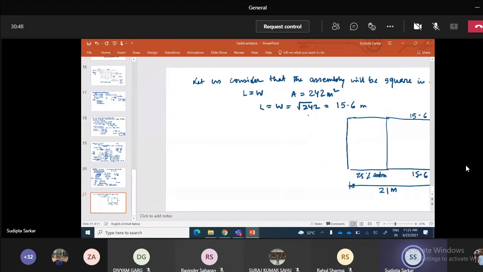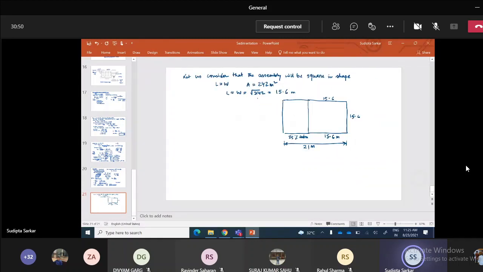Now, how would this arrangement look? These are tube modules that you will provide here. I'll come back to this, but in this place we have tube modules right here.